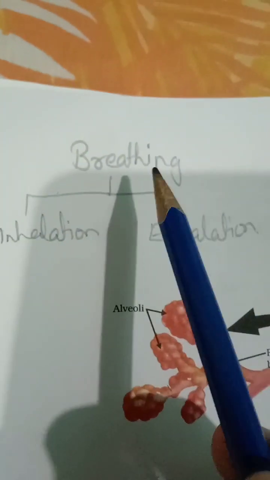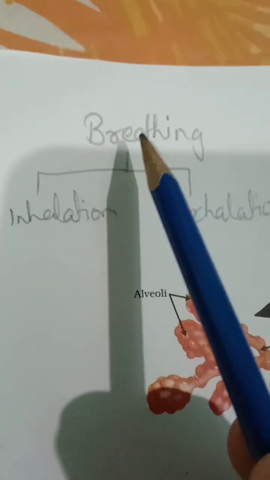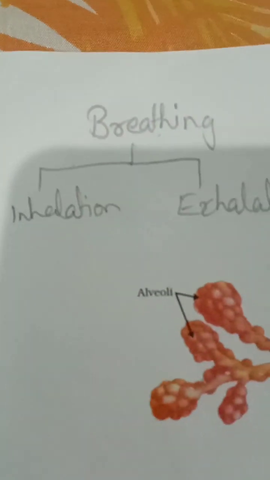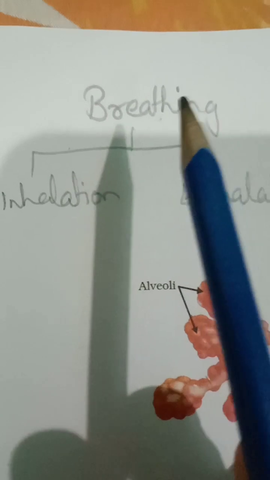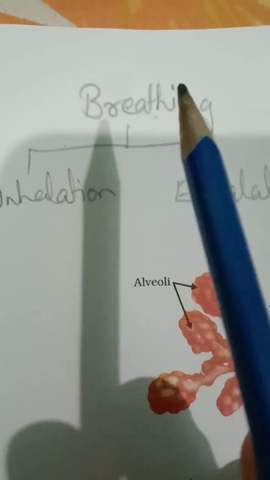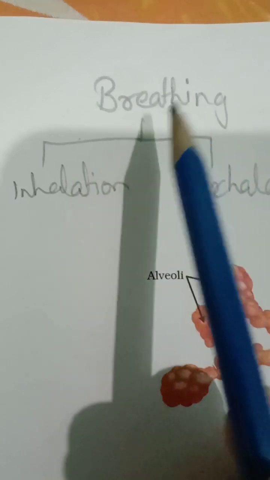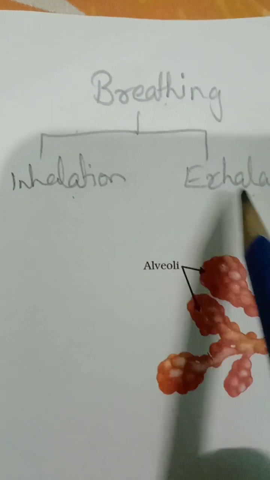Dear students, as we discussed the structure, now we will go to how it functions. Breathing, I already told you, is a part of respiration. Respiration is mainly the breaking of glucose to release energy, and for that, breathing is necessary. Breathing takes place in two processes: inhalation and exhalation.